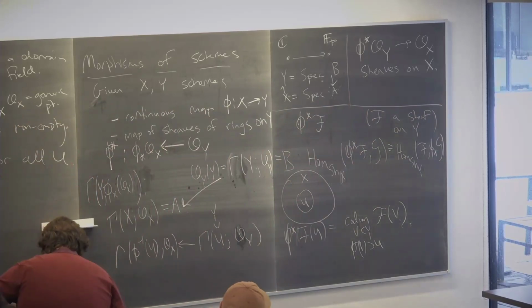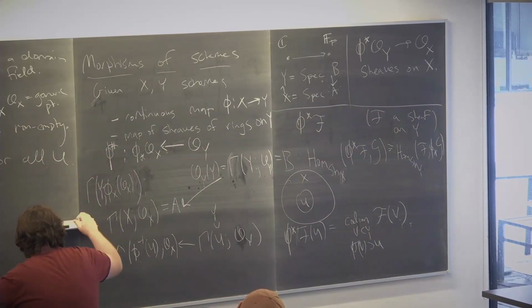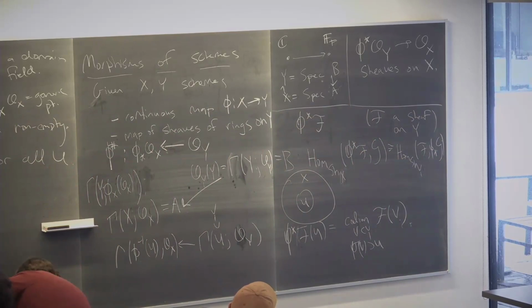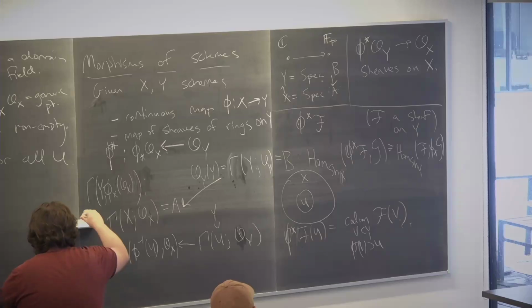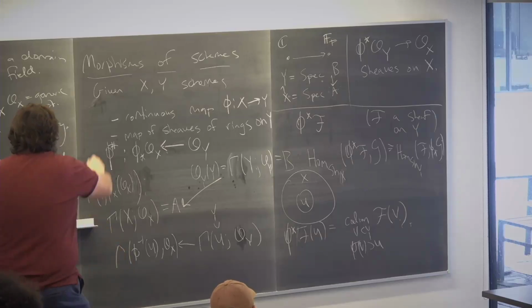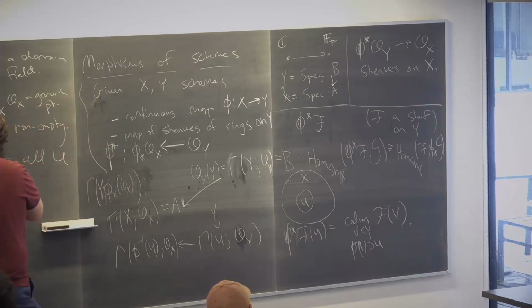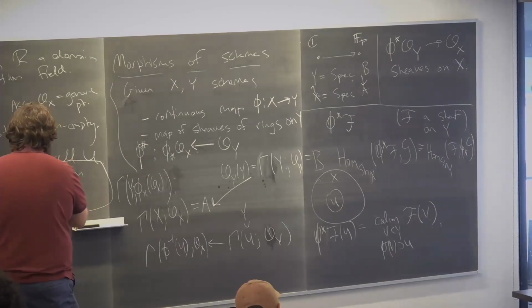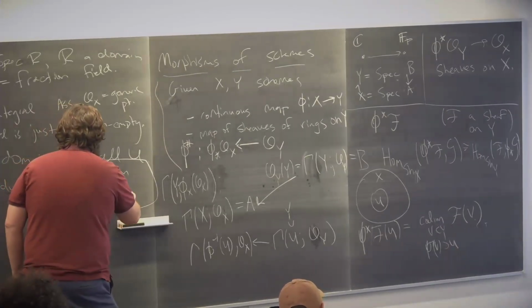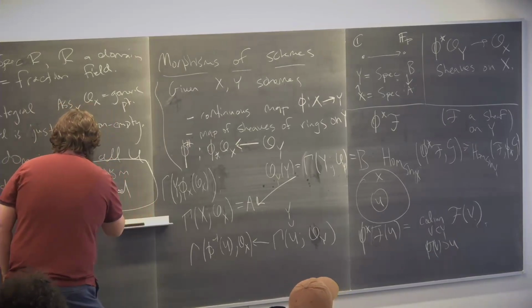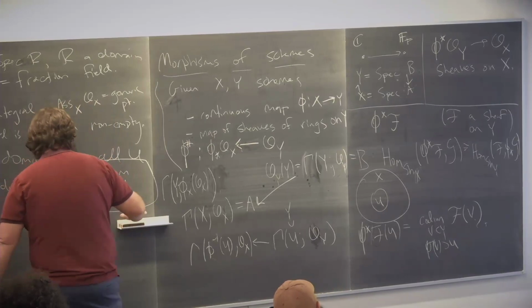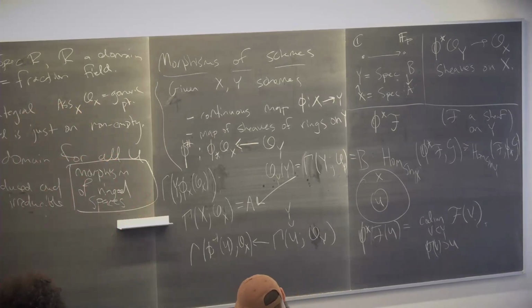So the thing I've written here is the notion of a morphism of ringed spaces, but this is not the full definition of a morphism of schemes. So this is a morphism of ringed spaces.